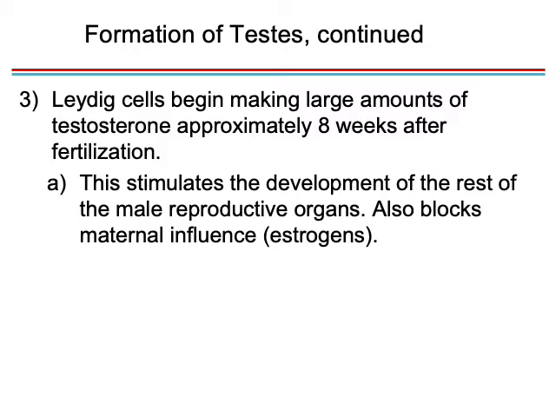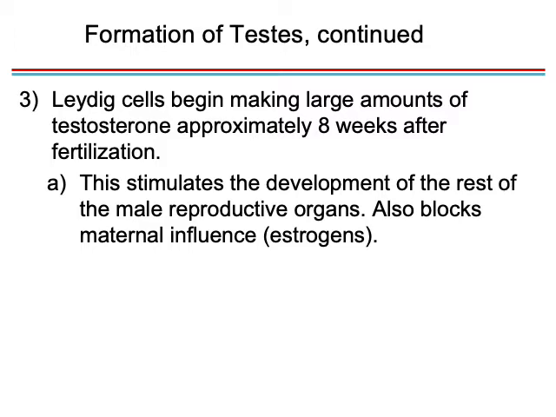Number one, the amount of testosterone in the male will stimulate the development of male reproductive organs. Number two, the high levels of testosterone are there to block the influence of your mother.